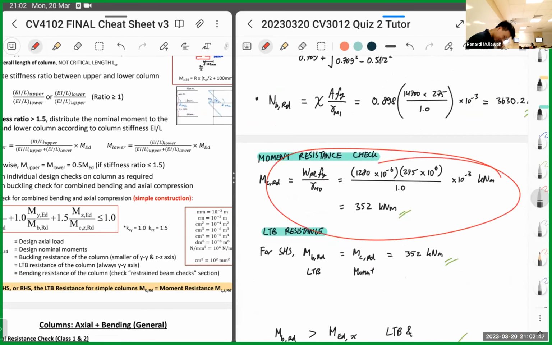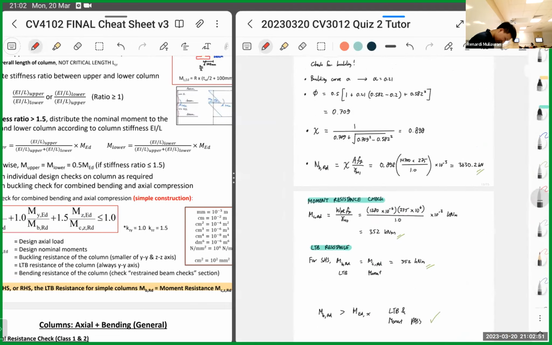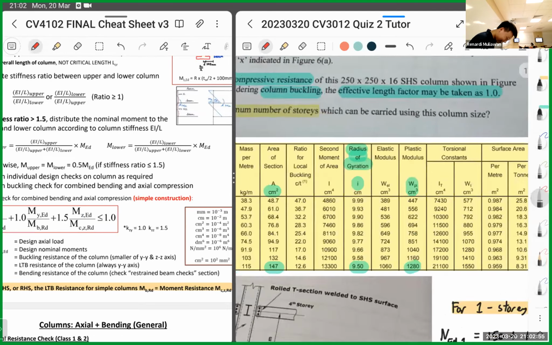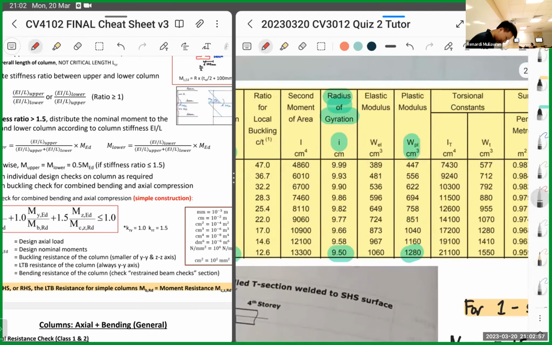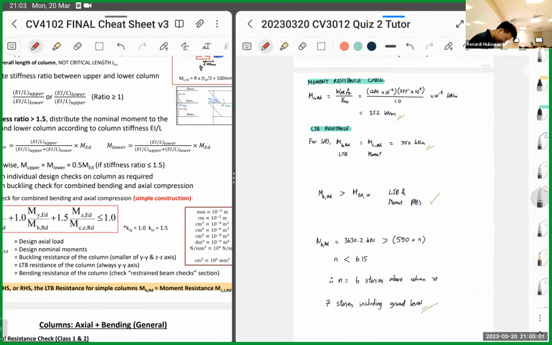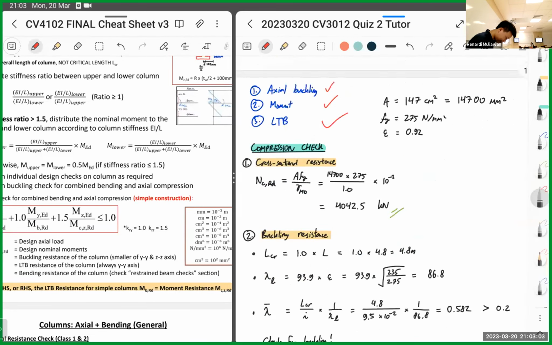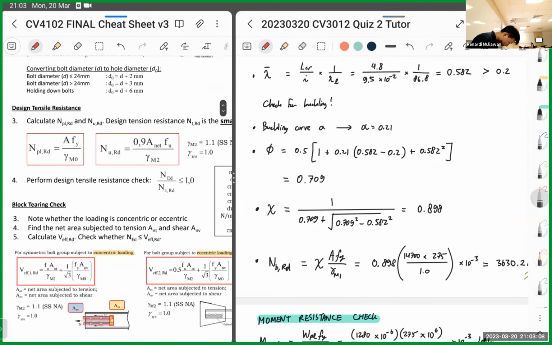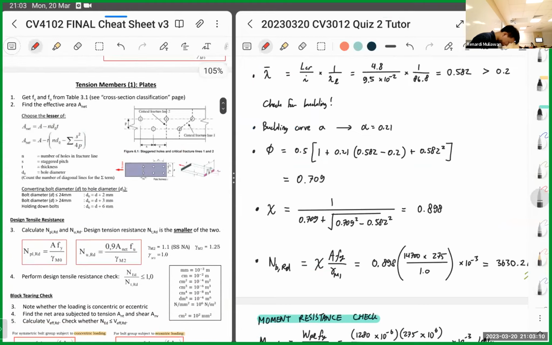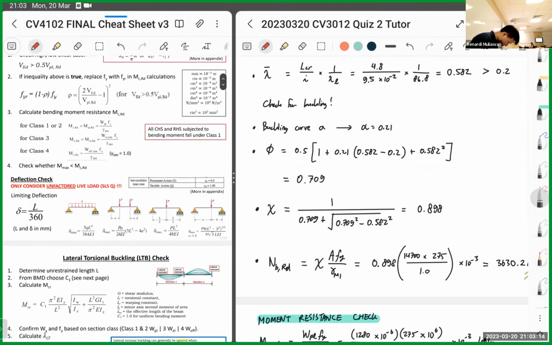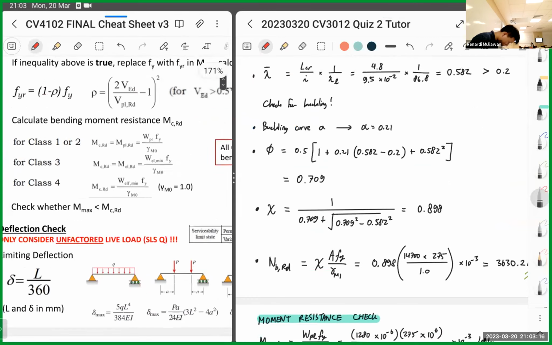This one is very sus. Let me check again. Once more, WPL is 1280. Then FY is 275, right? Divided by 1.